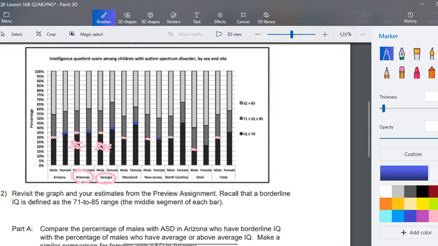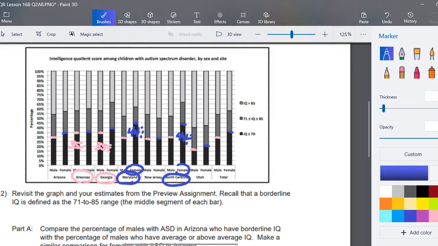And we're looking for the highest bar for females. Looks like right here, North Carolina and Maryland, and we're kind of up here, 45-ish. So if y'all want to say 45, 44, substantially higher than the highest males.